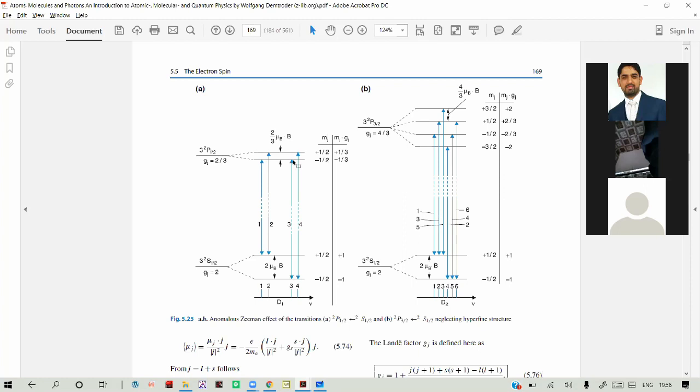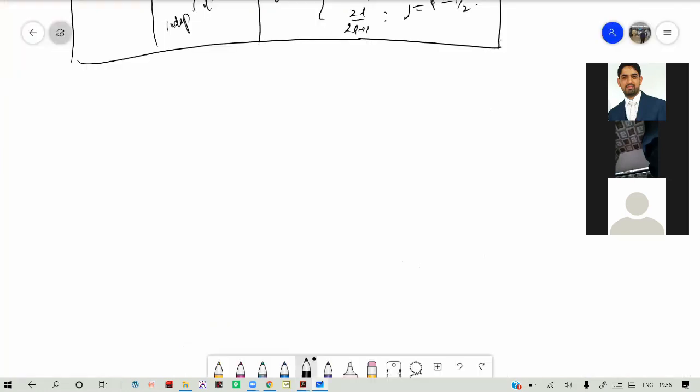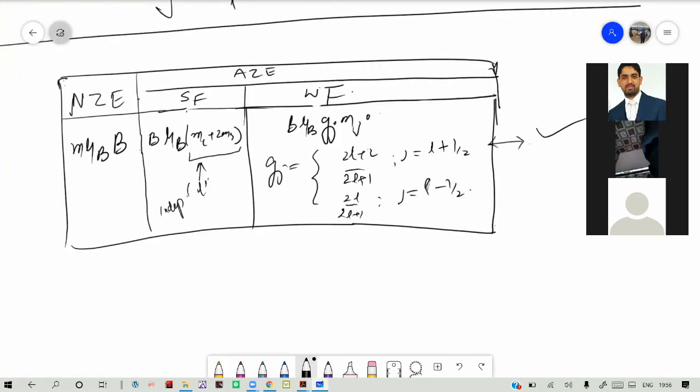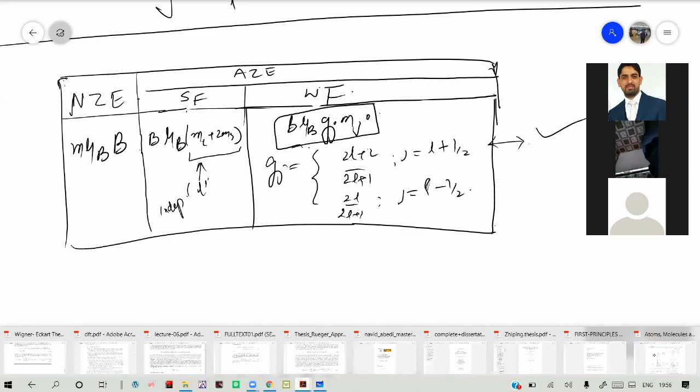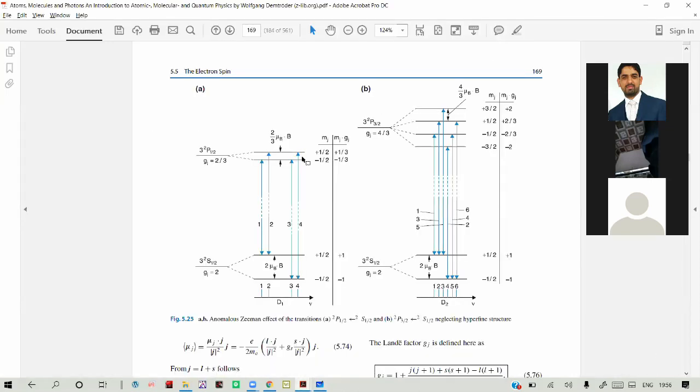If you take g_J equal to 2 by 3 for this and place it in the magnetic field, use that expression and put in the value of g_J for J equal to L plus half and J equal to L minus half, you will find that spacing. This splitting is 2 by 3 μ_B B.